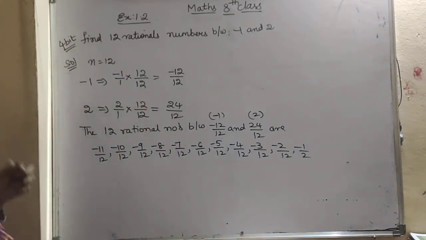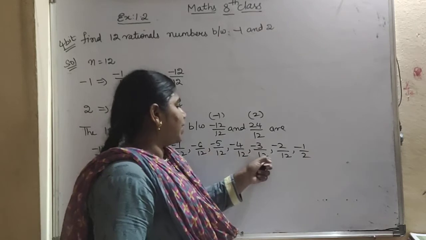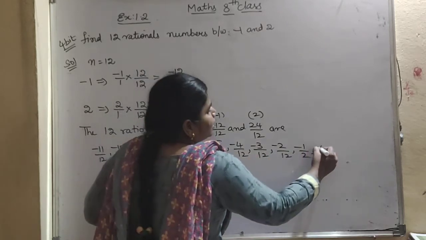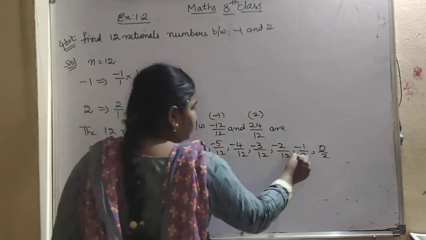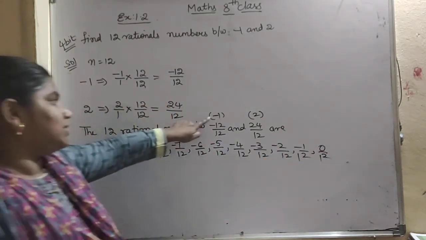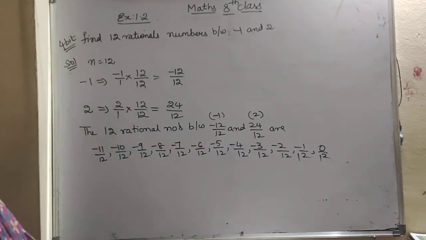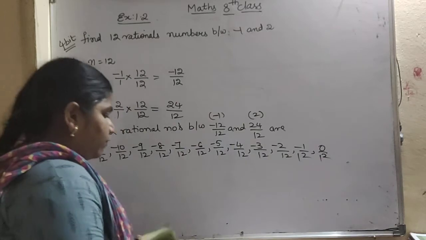So how many we want? We want 12 rational numbers. 1, 2, 3, 4, 5, 6, 7, 8, 9, 10, 11. And the last rational number will be 0 by 12. Okay. So these are the 12 rational numbers between minus 1 and 2. So this is our fourth bit. Next is fifth bit.